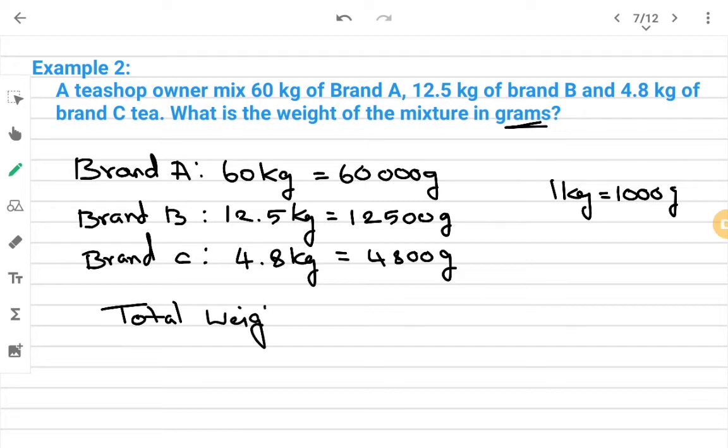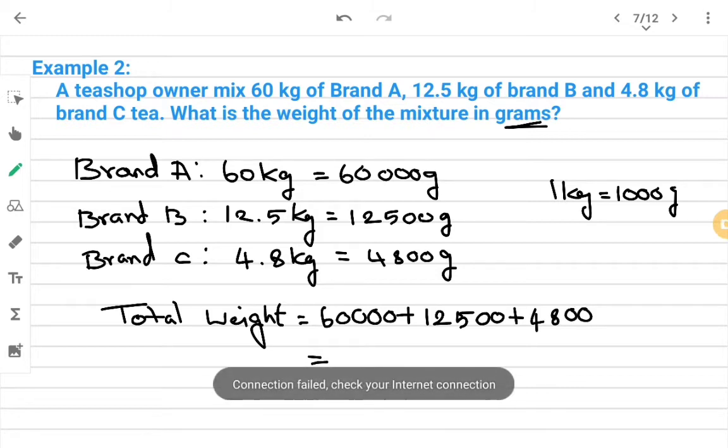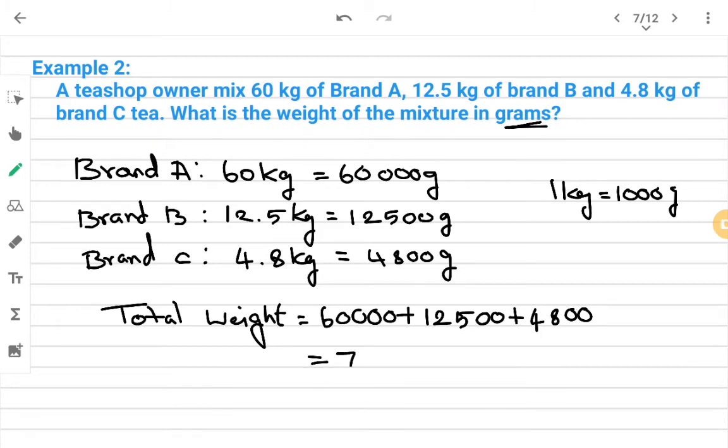Total weight is equal to 60,000 plus 12,500 plus 4,800. You will get 77,300 gram. Don't forget to write gram.